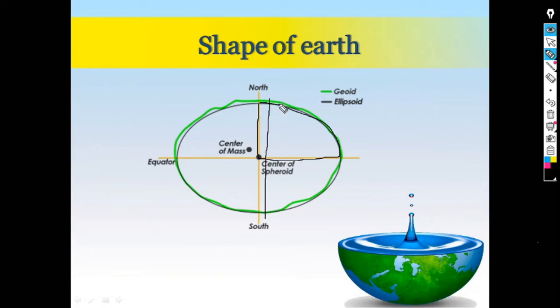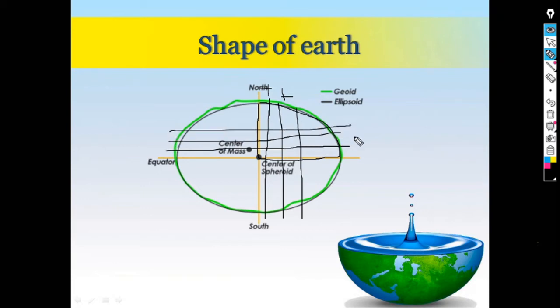Longitudes running in this quadrant are in plus sign, right, and latitudes running in this quadrant are again in plus sign. So that's why we won't see any minus sign in latitude and longitude of India, but if we go to America we will see it.